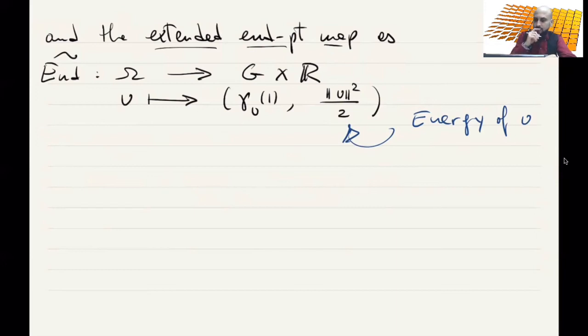Now let's remember what we discussed at the beginning about being equivalent, minimizing the energy and the length.